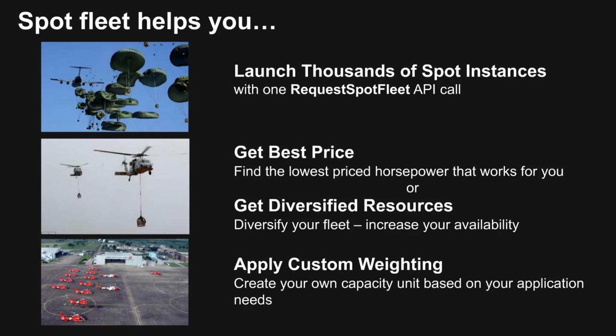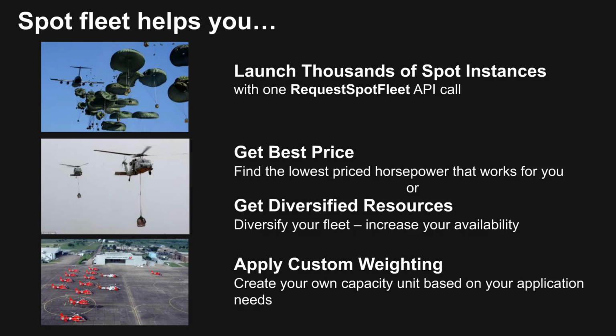AWS is built on top of APIs, and so we've exposed the Spot Fleet service through an API, and we've made it so that you can think less about bidding and strategies and focus more on your applications and workloads, just understanding what you need and letting Spot Fleet procure and maintain that capacity for you.